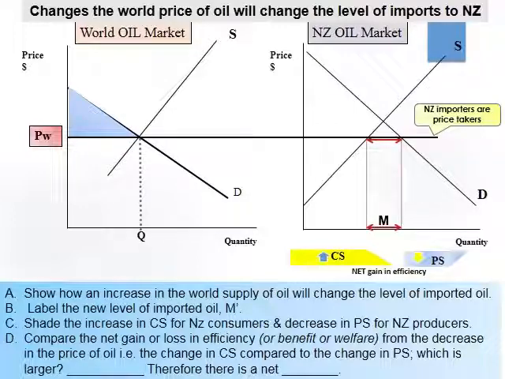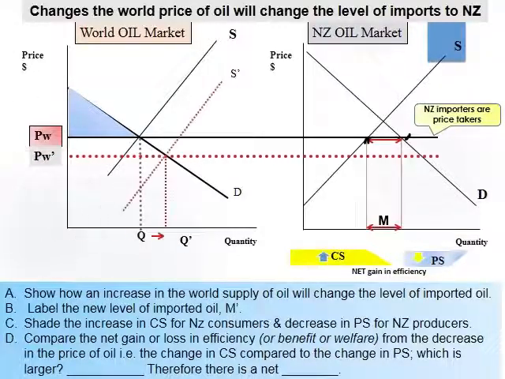They accept whatever it is set at. The amount imported is represented by the shortage in the New Zealand market, represented by that's quantity supplied, that's quantity demanded, so we have excess demand, but that's not a problem because that shortage not being met by the local producers will be met by trading or buying from the world market.